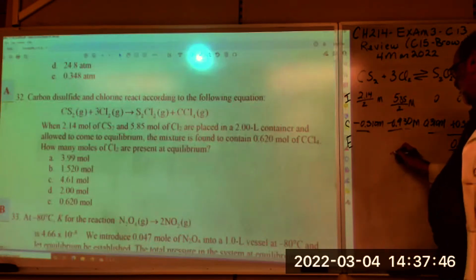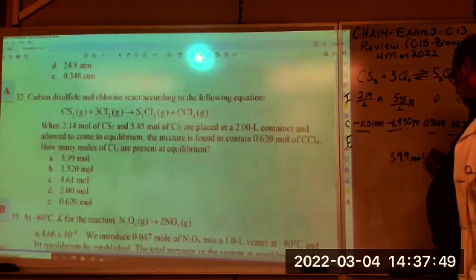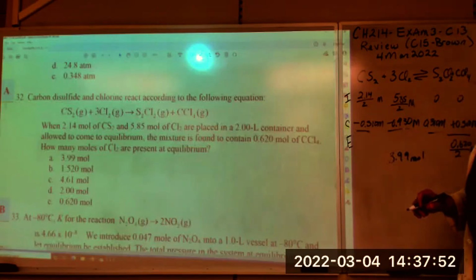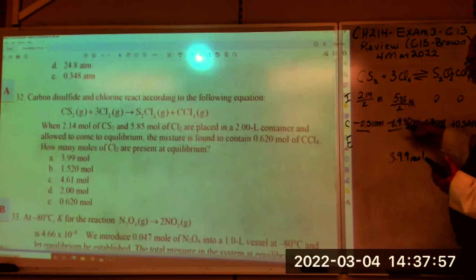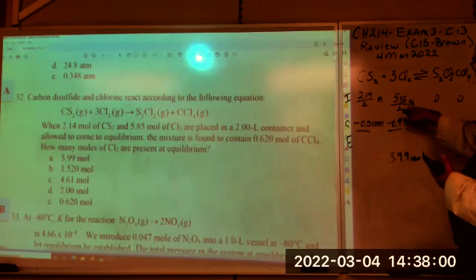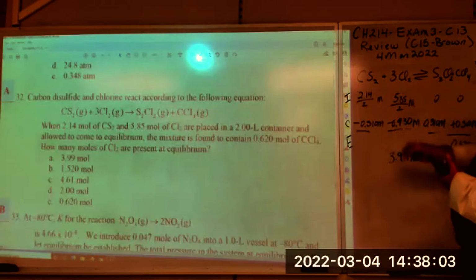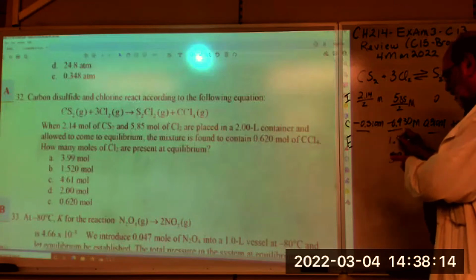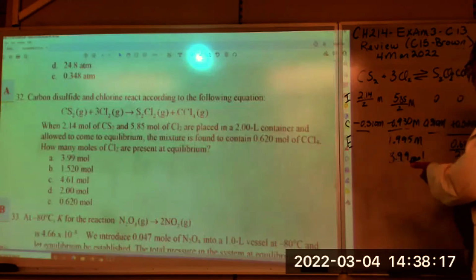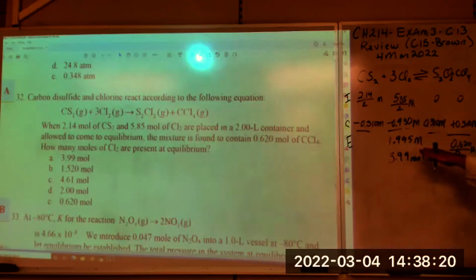Yeah. 3.99 moles. Did you see how I got that? We determined that we lost this much chlorine, so subtract that from that, gives you the molarity. .9305 is 1.995 molar, but it's in a 2-liter container. So molarity times volume is moles. So 2 times that is this.